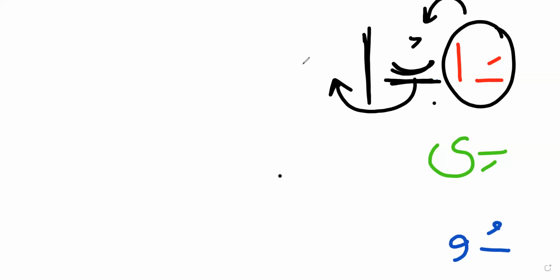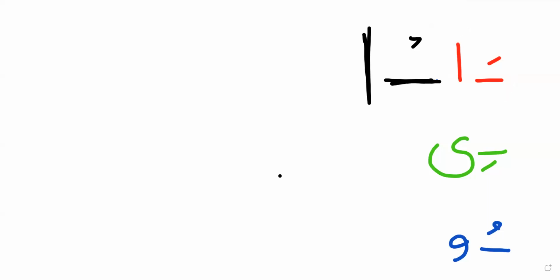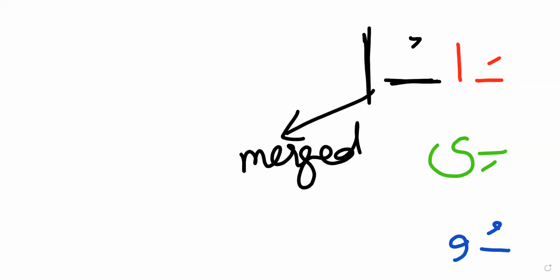Okay, so first condition is there must be a sukoon right after the 2 count, bestie couple, and then it might be merged to the next letter, or it might not be merged to the next letter.